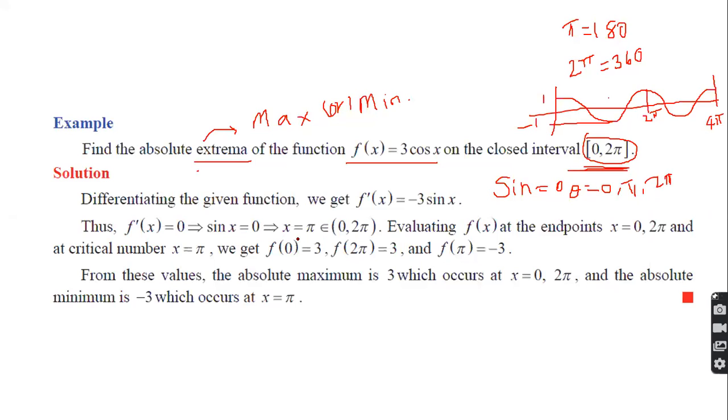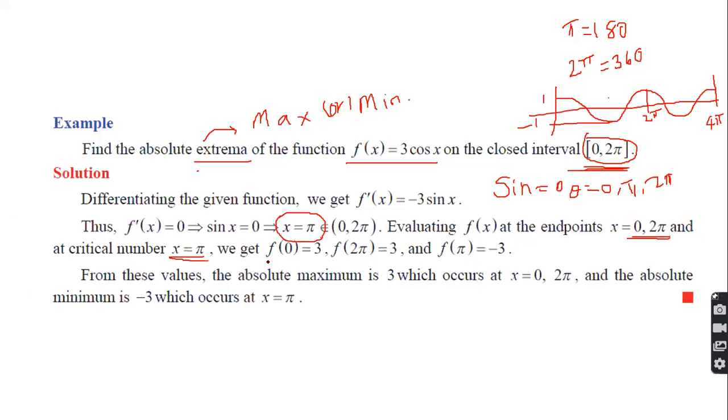Therefore, sin x equal to 0 when x equal to pi, which belongs to 0 to 2 pi. So when x equal to pi, what is the f of x value? What are the endpoints? 0 and 2 pi. And the critical number is x equal to pi.